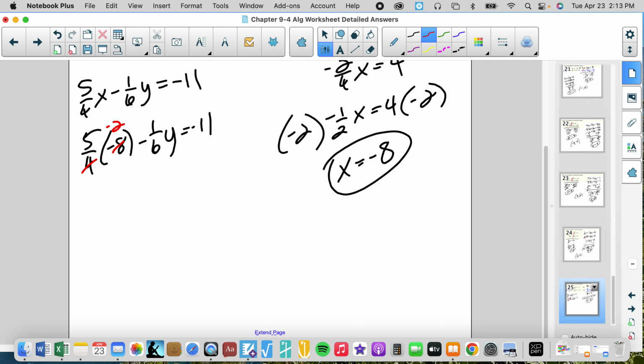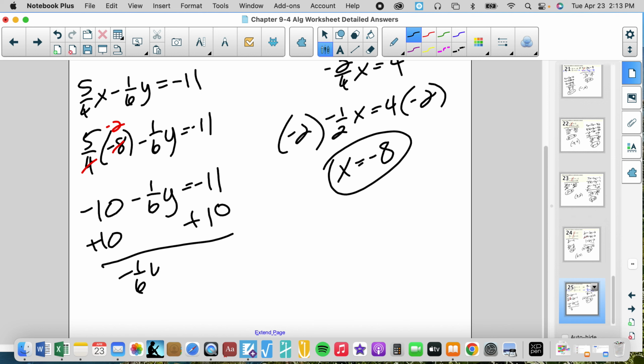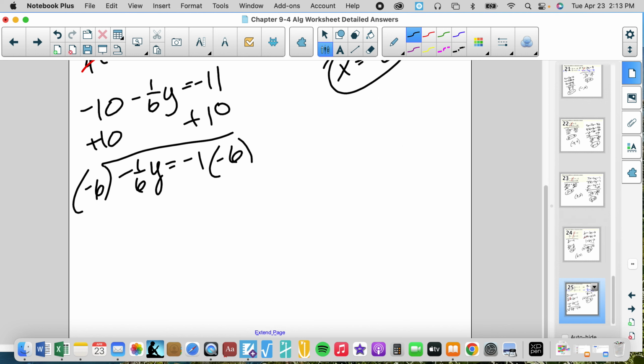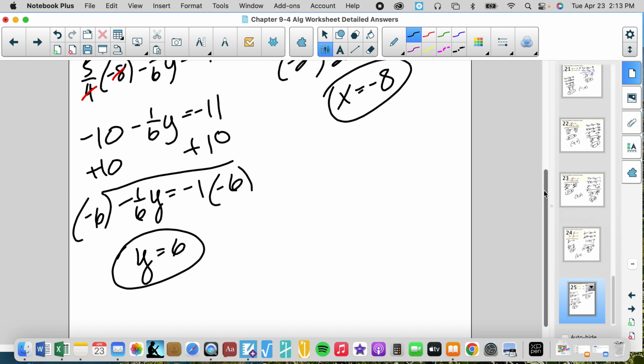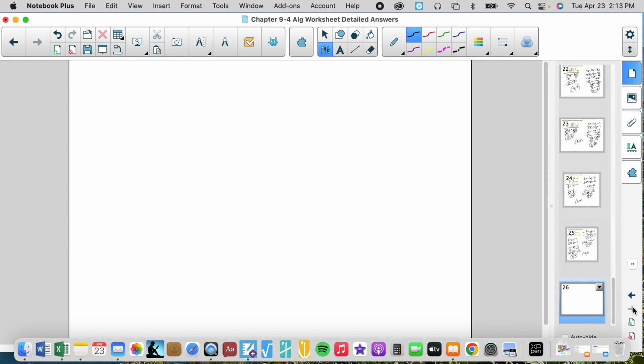That makes negative 2 times 5 is negative 10 minus 1/6 y equals negative 11. We'll add 10 to both sides. Negative 1/6 y equals negative 1. Multiply by negative 6, which is the reciprocal of negative 1/6. y equals positive 6. And so my coordinate, negative 8, 6, is my solution.